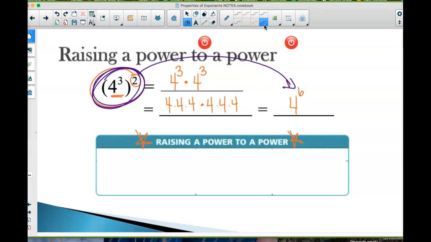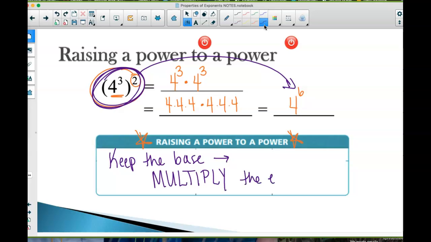Just use the multiplication rule. Yeah, just multiply. So if you're raising a power to a power, keep the base and multiply the exponents.